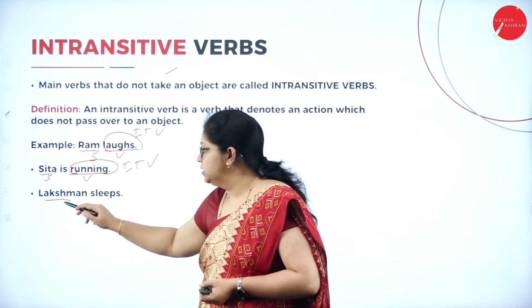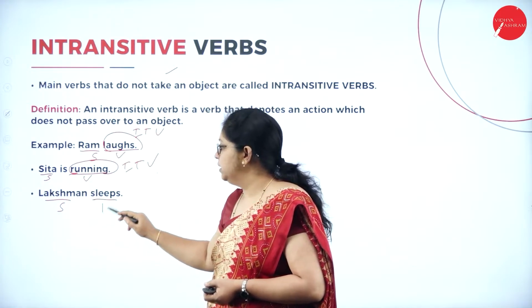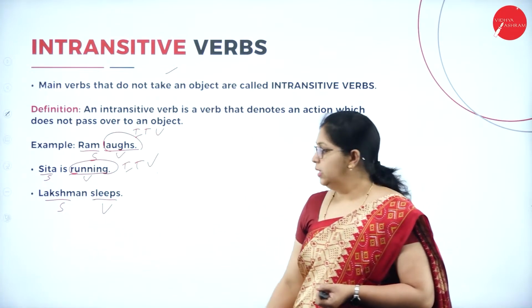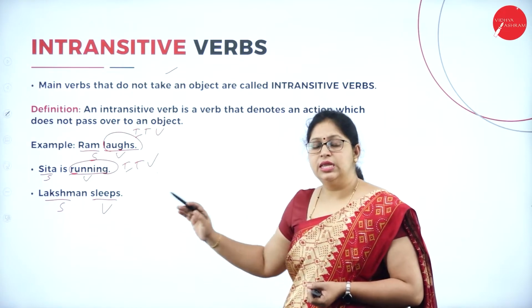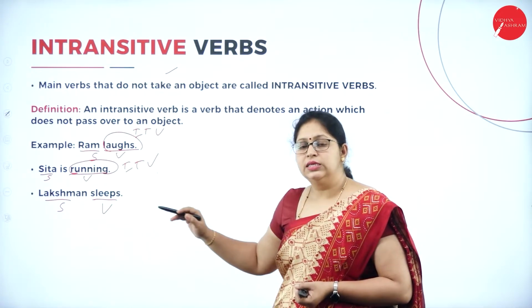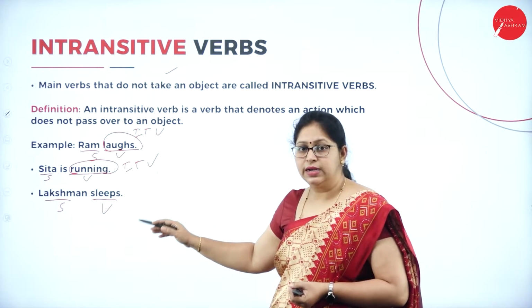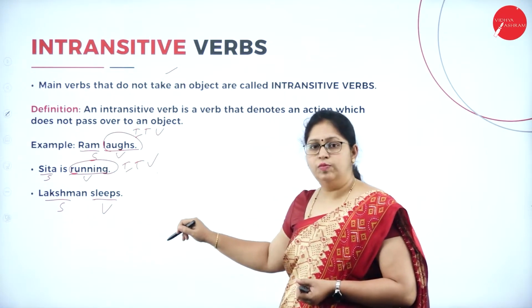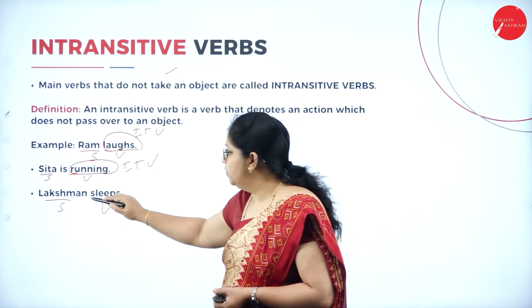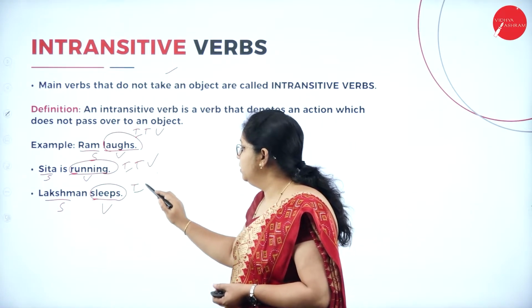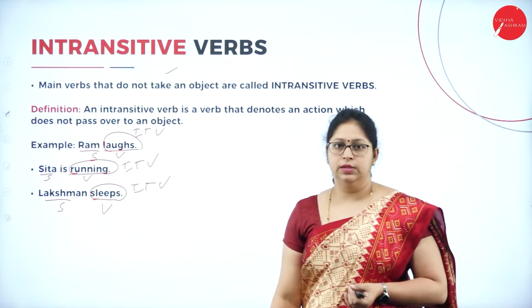So Lakshman is subject, sleeps is verb, right? Where does he sleep? Sleeps on the bed, if it was there, sleeps on the rock, if it was there, then it would be the object. Now here there is no object at all. So this verb is said to be intransitive verb.